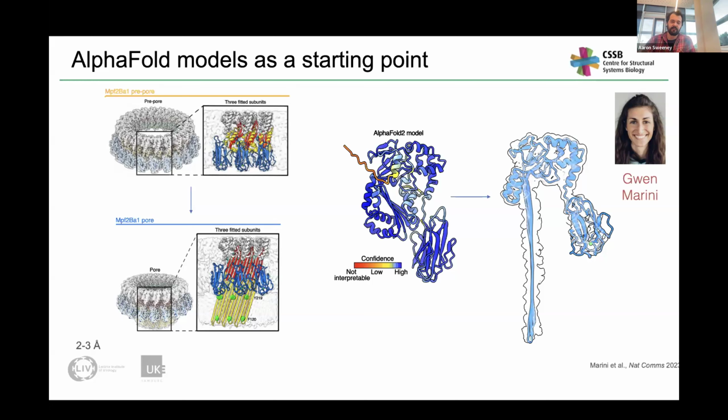And you can see here that the pore conformation requires a really large rearrangement of some of the domains, and also a complete change in secondary structure with the formation of a beta hairpin. So in order to model this, Gwen used a combination of flexible fitting, which we'll be talking about later, as well as manual model building in Chimera.